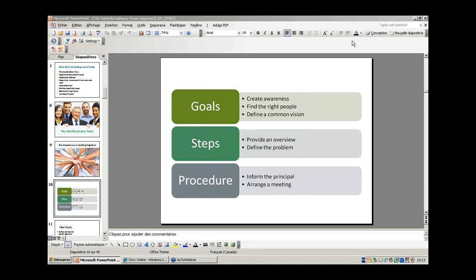The process we've put together is to really inform the school principal of the situation. We get the school principal involved from the get-go. They are an important professional for us. We get a lot of information from both the families and the school team, and we get the school principal involved.